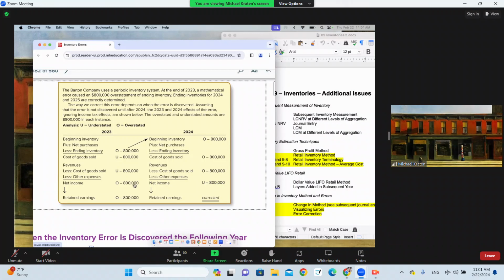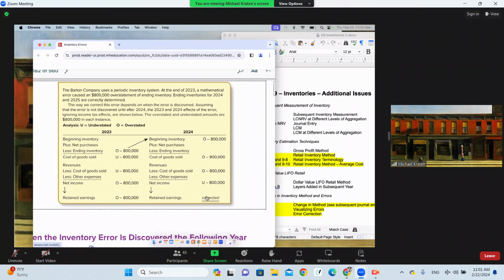And so from a net income perspective, last year's overstatement cancels out or offsets this year's understatement. When the two offset each other within retained earnings, you basically wind up with a correct number for retained earnings.